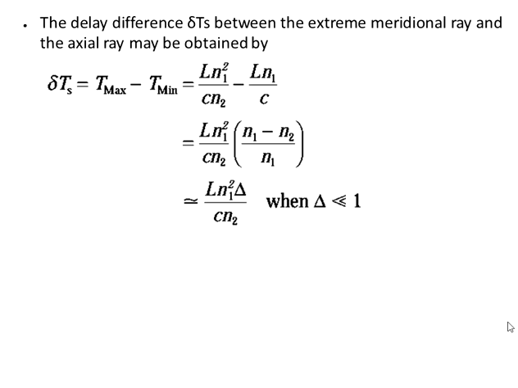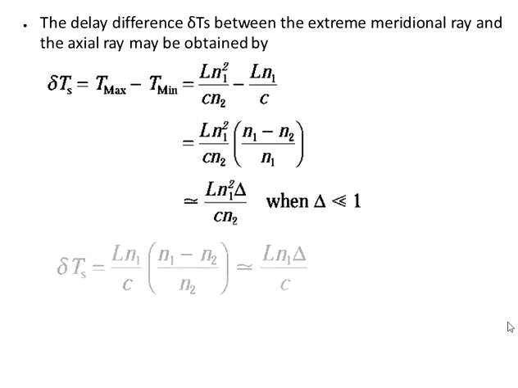Now if we consider the relative refractive index difference to be very small, then n1 is almost equal to n2. So we can replace n1 minus n2 by n1 using delta. So we'll get this equation L n1 square delta by c n2.